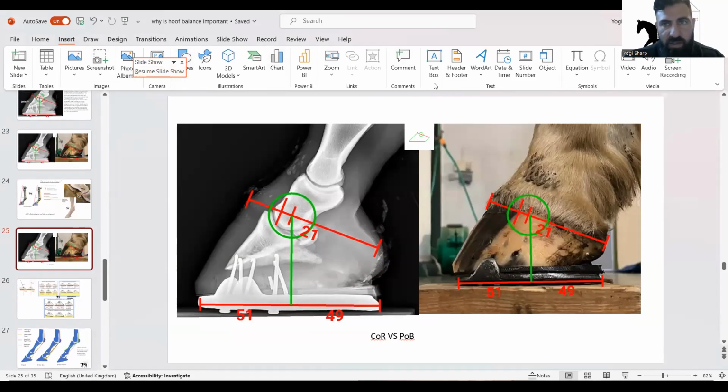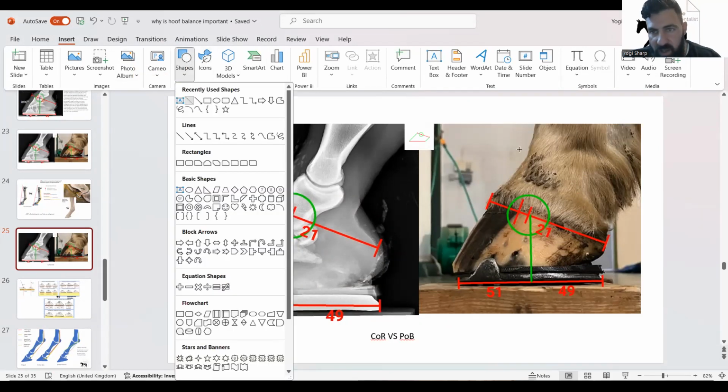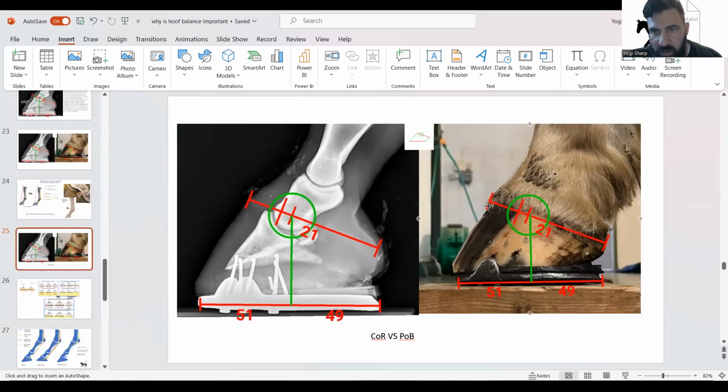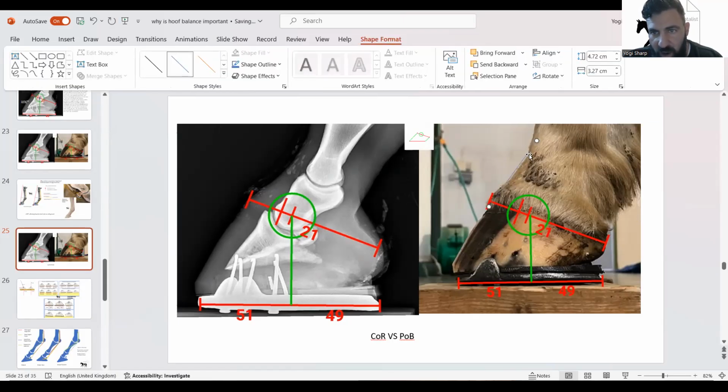If I insert a line, shapes, if my line goes along, can you see how this part of the pastern here is showing us our pastern angle? That's the bone. This is the coronet band going up, and this is hair and fluff. But in this bit here, we have our pastern angle. Can you see that?